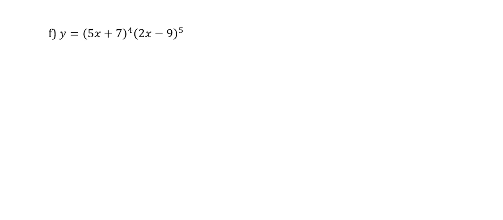So here's an example where we kind of need the power of a product rule that we just saw, and you're not expanding that, right? So if I think of this as P and this is Q, then P prime is going to be 4 times (5x plus 7) cubed times the derivative of what's inside, which is 5.